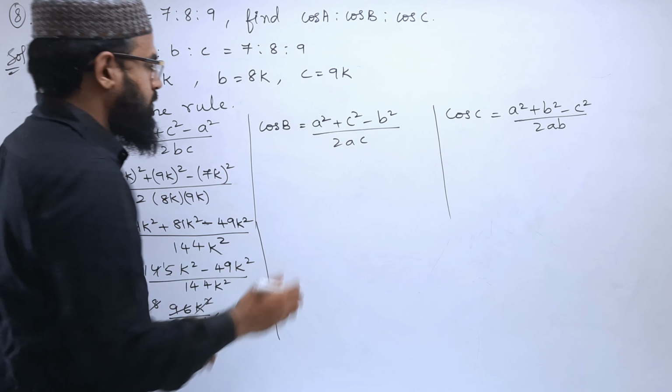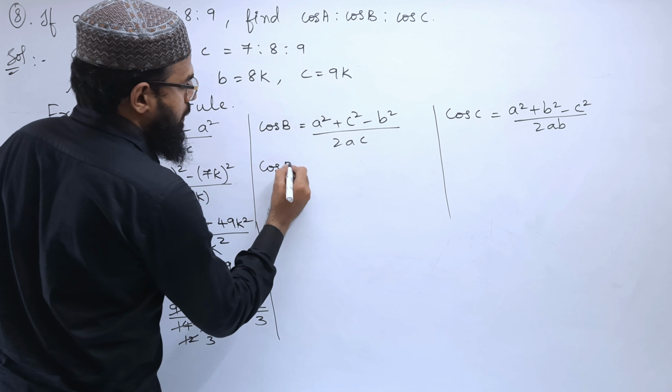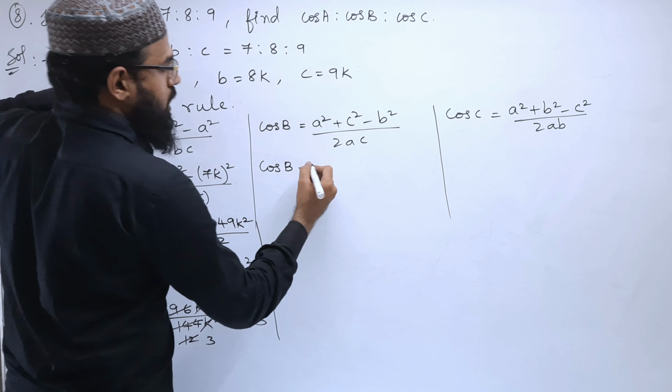Next we will find cos B. cos B = ((7k)² + (9k)² − (8k)²) / (2 × 7k × 9k).